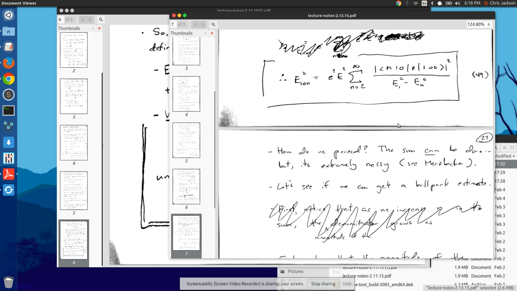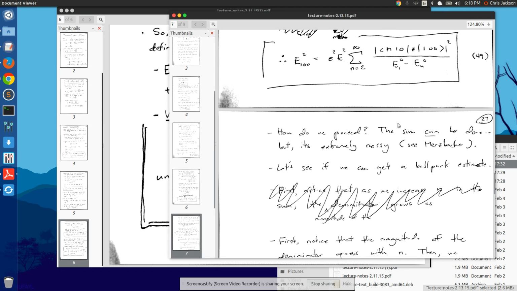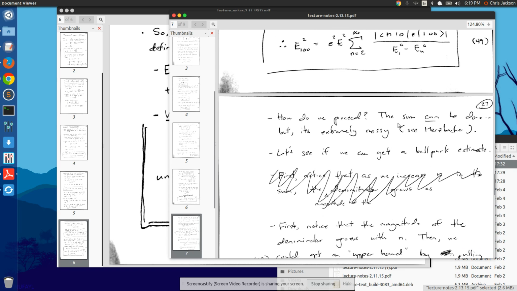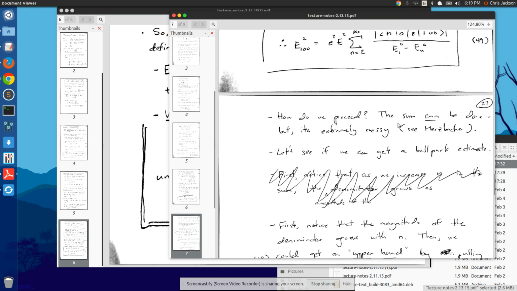You can actually compute this sum, and I encourage anybody who's interested to go look at the Merzbacher book. It's extremely messy, as you might have guessed. In the interest of time, and since I don't want to do this hard calculation, let's see if we can get a ballpark estimate.